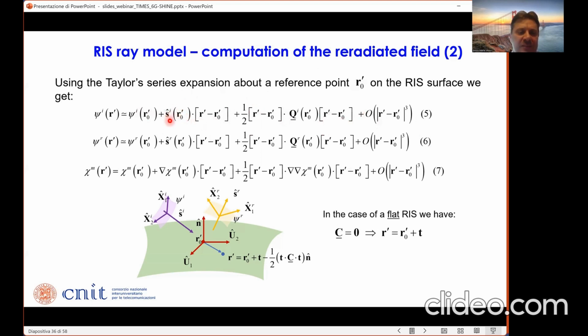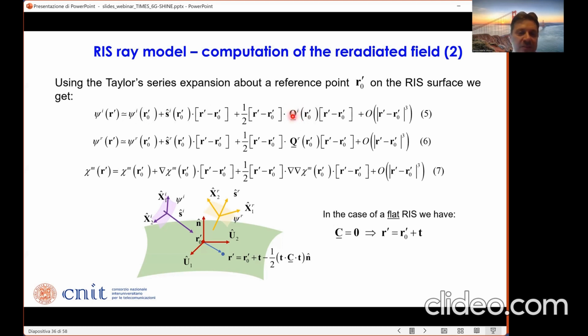It is worth noticing that in the first order term, we have the gradient of the phase, which is in the end the local direction of the ray, S, while in the second order term of this Taylor series expansion, we have the Hessian matrix of the phase, which is in practice what we called earlier the curvature matrix Q. The two are the same.